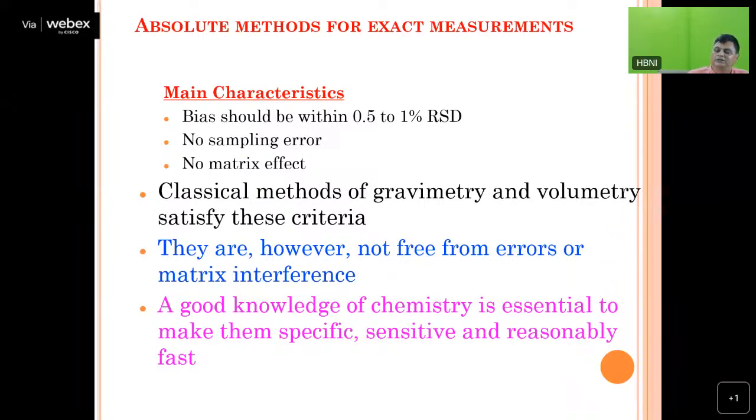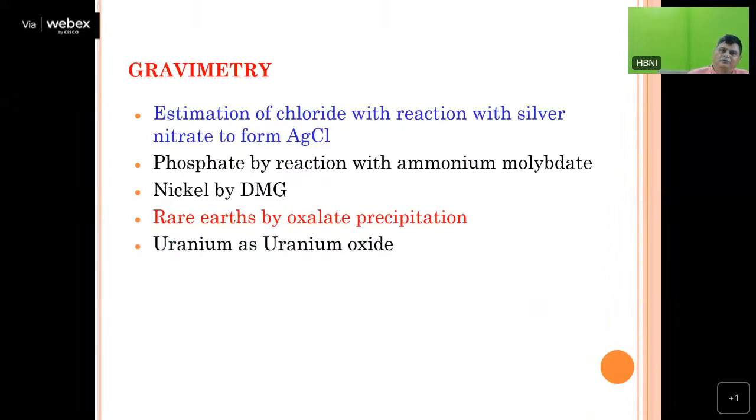So one should have a very sound knowledge of the chemistry when one has to implement the absolute method for the analysis. There are certain examples: the estimation of chloride by reaction with silver nitrate solution, so we have a precipitate of silver chloride. Then phosphate by reaction with ammonium molybdate.